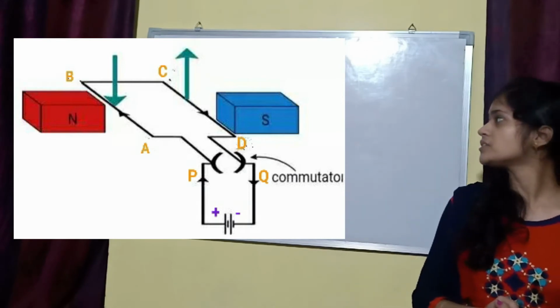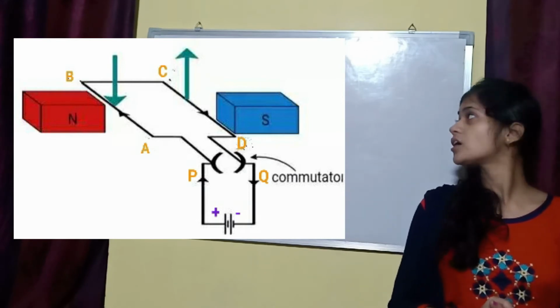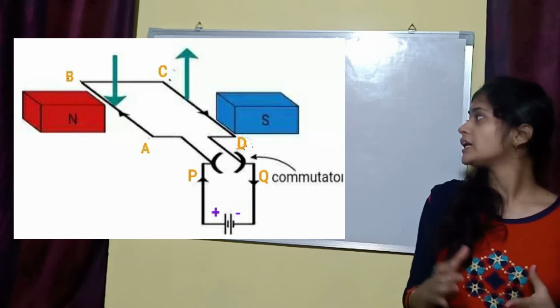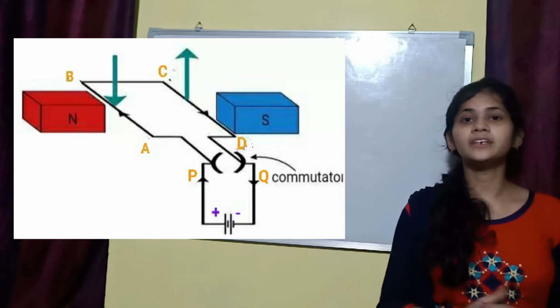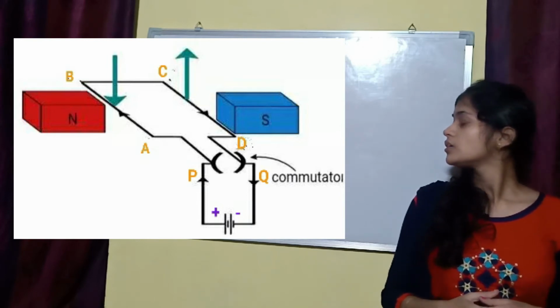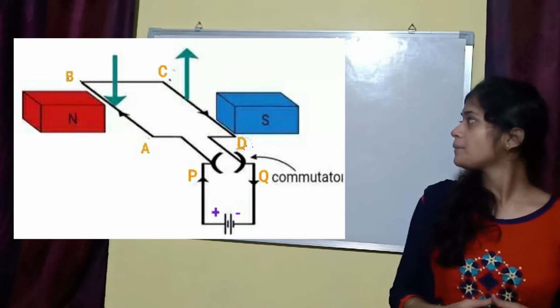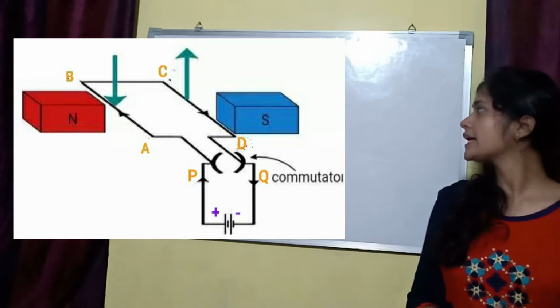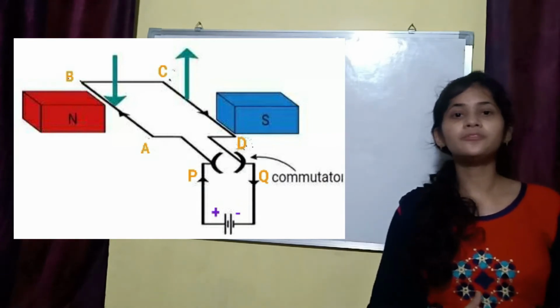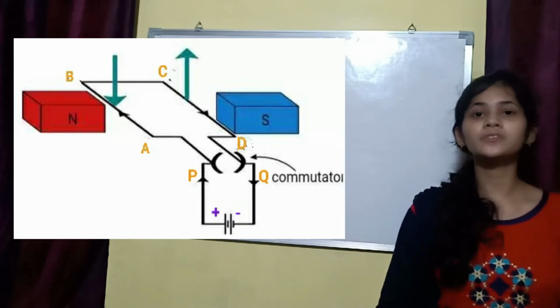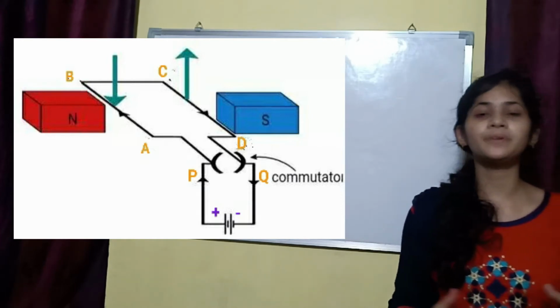Why? Because the current in BC and AD is parallel to the magnetic field, so there will be no magnetic force. AB will experience a downward force and CD will experience an upward force according to Fleming's left hand rule.